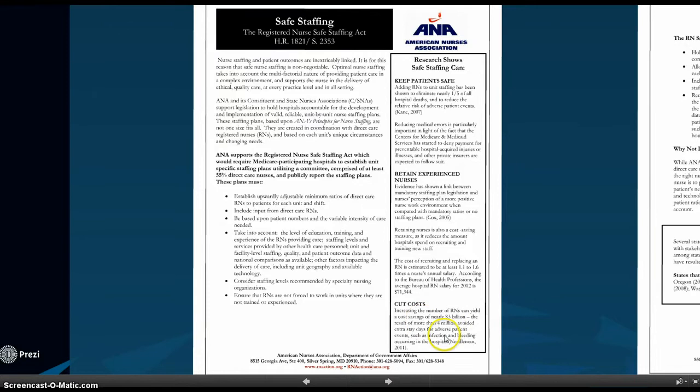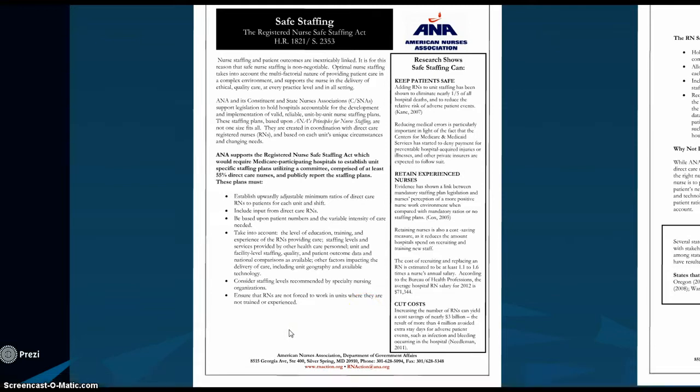So that's a ton of money that you're saving. When you look at it, paying an additional nurse a couple hundred dollars to work could save thousands, even millions of dollars, by having the extra staff to prevent all of these adverse patient reactions.